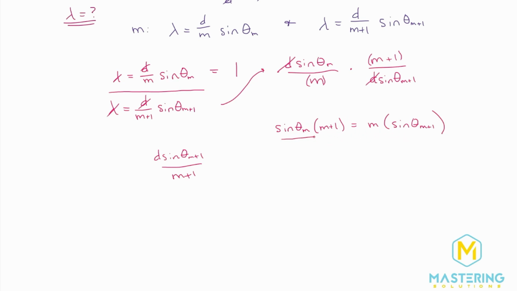So to do that, let's divide both sides by m plus 1. Now that will go away. And then we'll divide the other side of the equation by sine theta sub m plus 1. So now that will cancel.